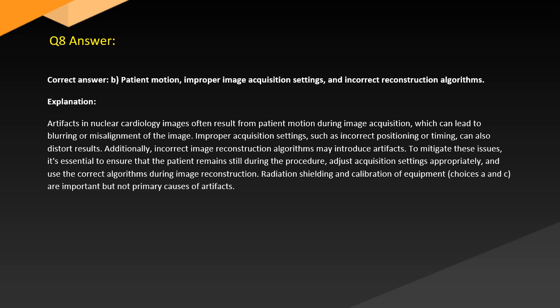Additionally, incorrect image reconstruction algorithms may introduce artifacts. To mitigate these issues, it's essential to ensure that the patient remains still during the procedure, adjust acquisition settings appropriately, and use the correct algorithms during image reconstruction. Radiation shielding, choice A, and calibration of equipment, choice C, are important but not primary causes of artifacts.